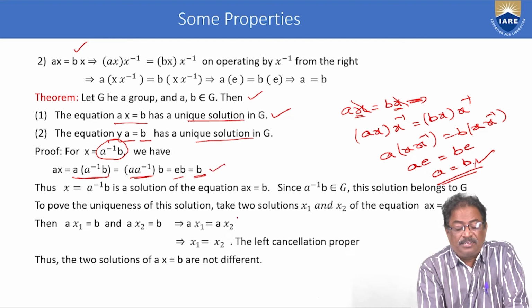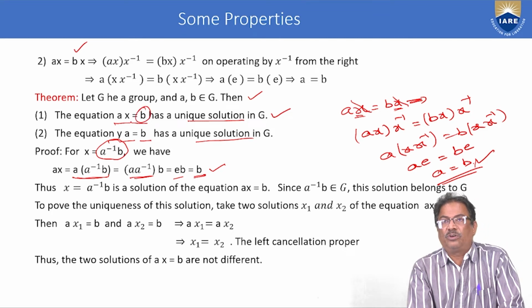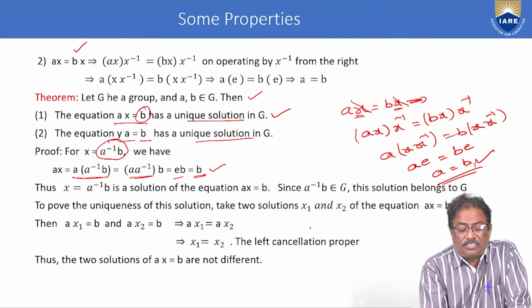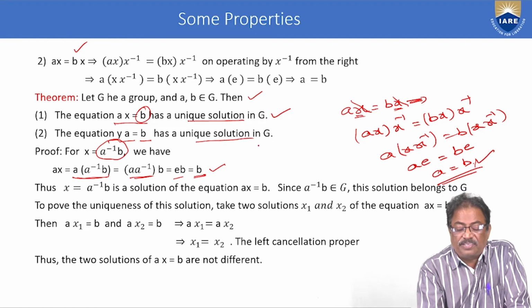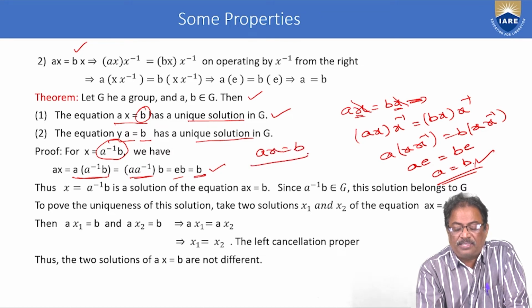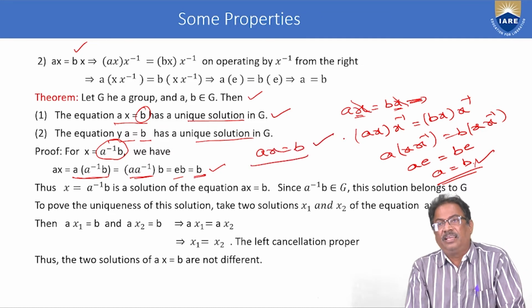So the right hand side value remains, and the expression x = a inverse b satisfies the equation ax = b. So I am saying that it is a solution.